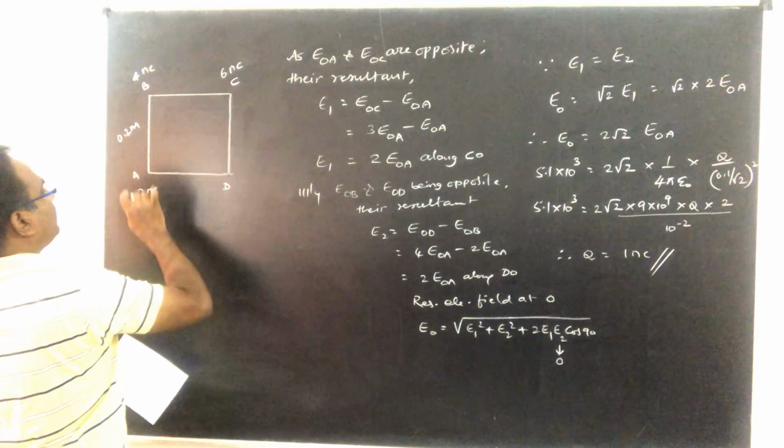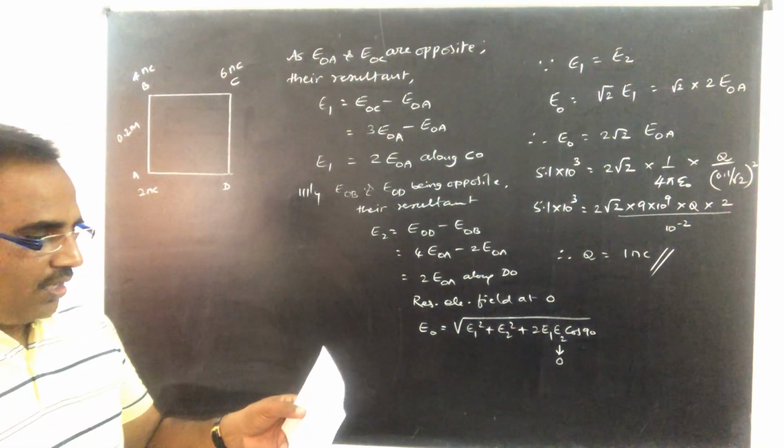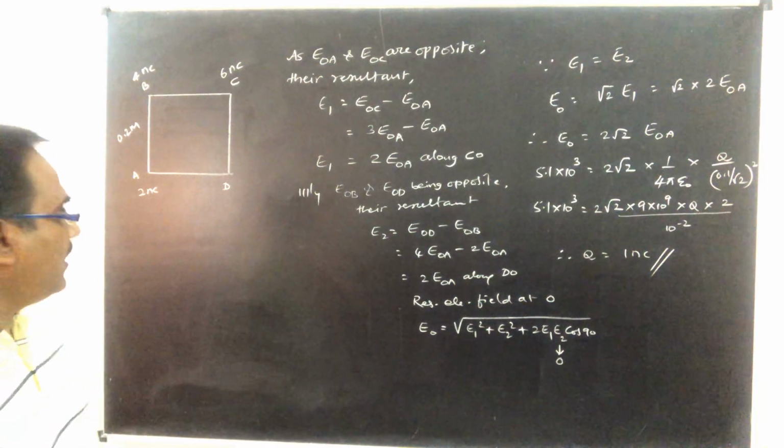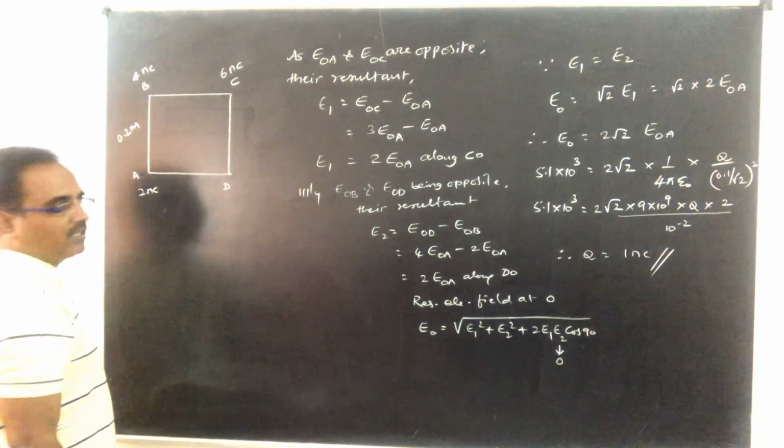These three charges are there. Now the question is, calculate the resultant electric field at D here. At this point you are asked to find the resultant electric field.